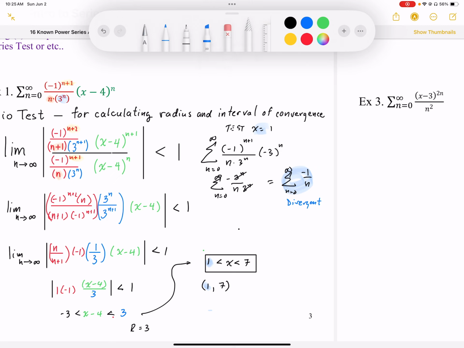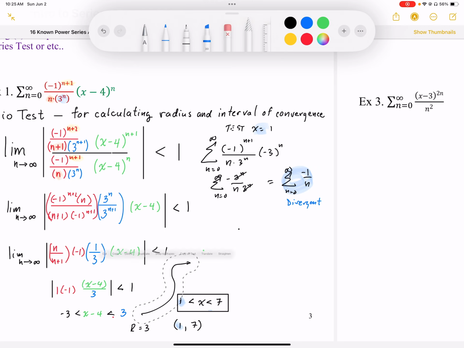We now have to test the other endpoint, x equals 7. So I'm going to move that down here to give myself some space to work. So when x equals 7, we're going to test that.